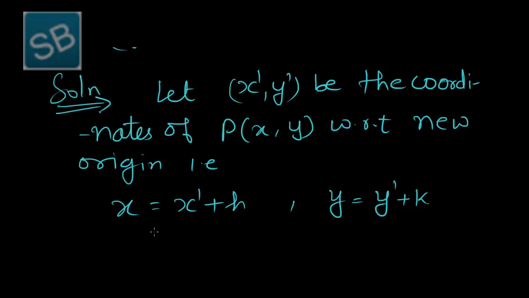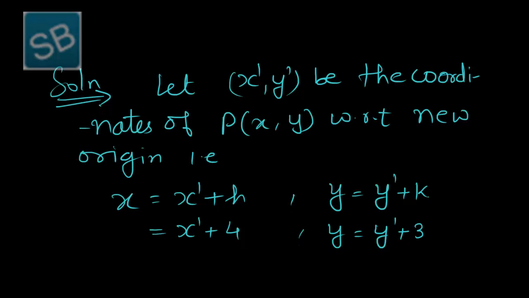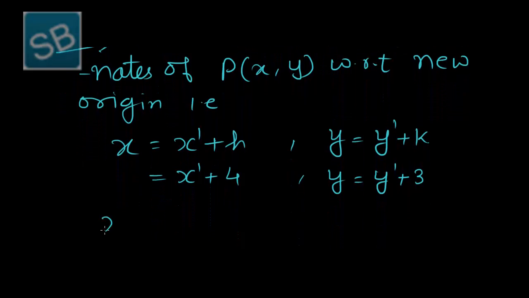So here the origin is shifting to (4, 3), so x becomes x dash plus 4 and y becomes y dash plus 3, and from here we get x dash is equal to x minus 4 and y dash is equal to y minus 3.